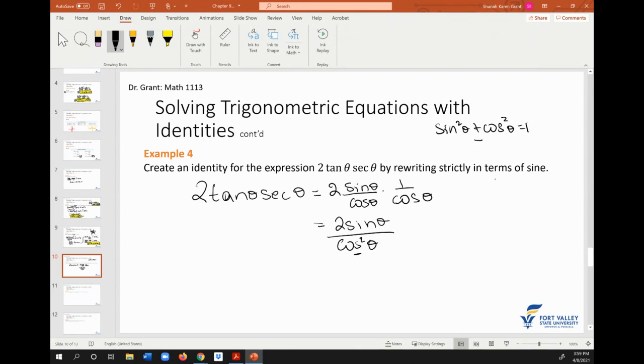So which one do I want to subtract? I want cosine in terms of sine. So I'm going to subtract sine squared theta, like I did before. So you see, you can always come back here when in doubt if you need to.